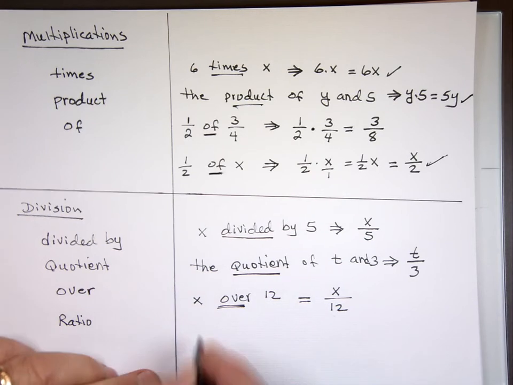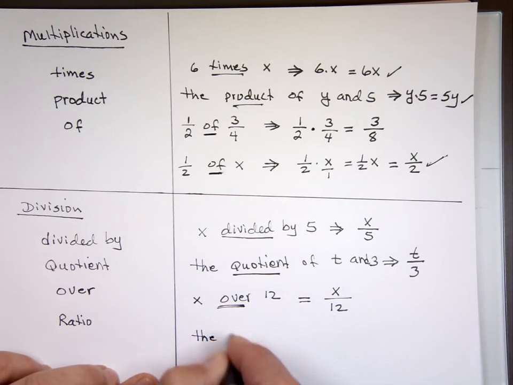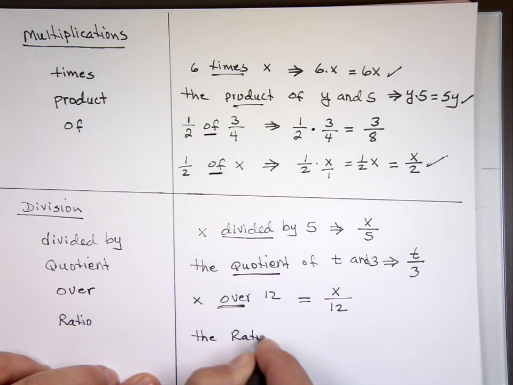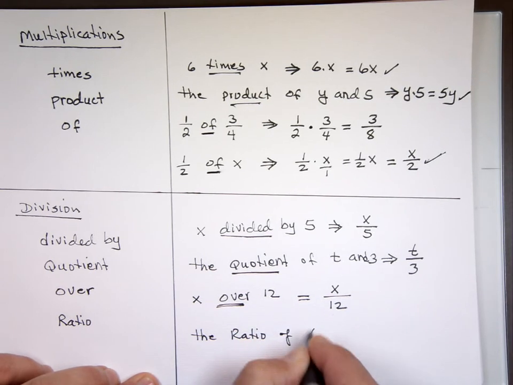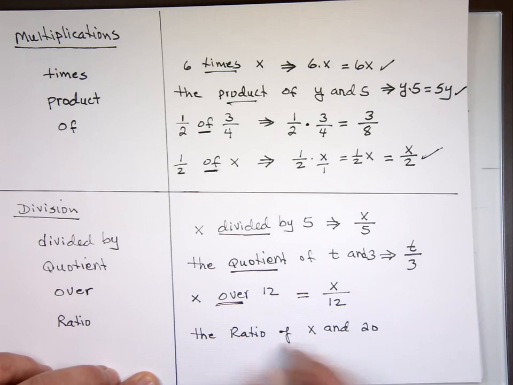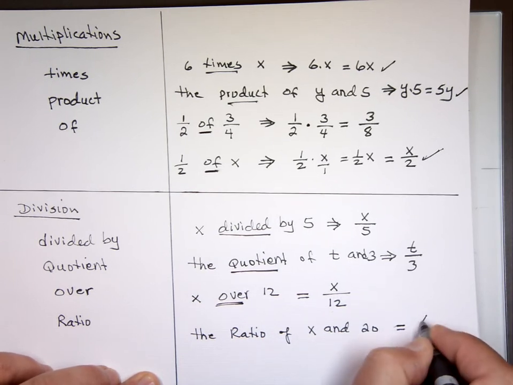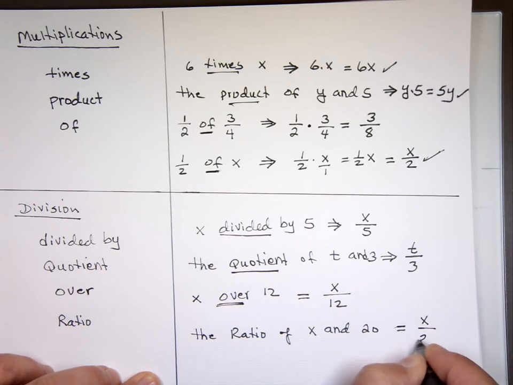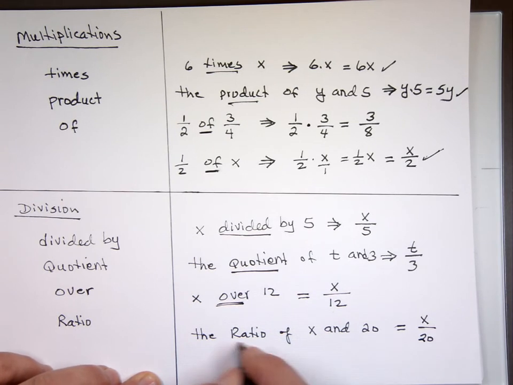The ratio of x and 20. Ratio means division. Since x is first, it's x over 20. So all of these let me know I have division.